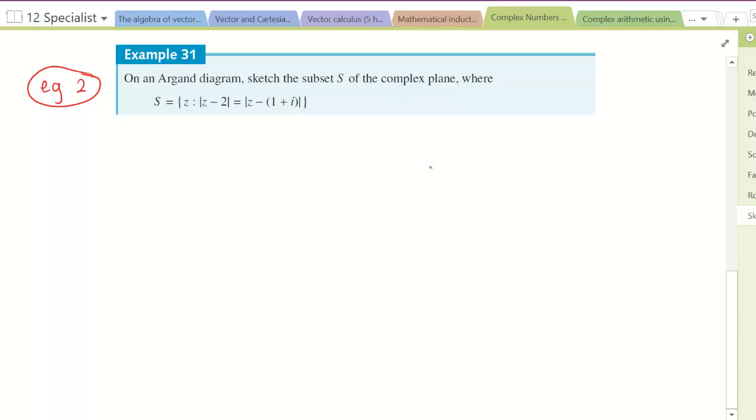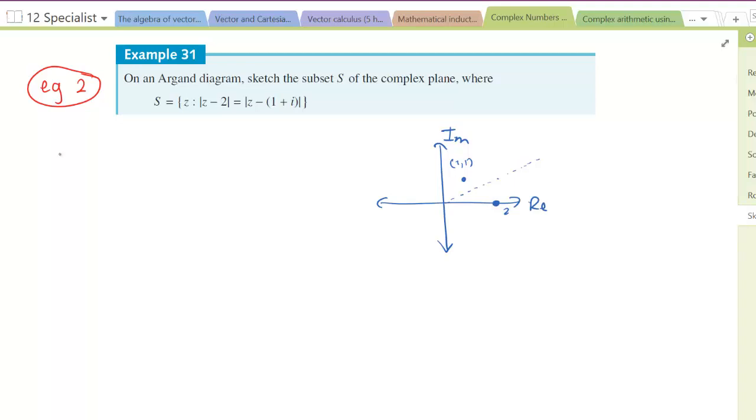On the Argand diagram, here's our real and here's our imaginary. We have the point 2 and we have the point (1, 1). We're looking at a set of solutions that are always an equivalent distance between these two points. So we're probably looking at a straight line.